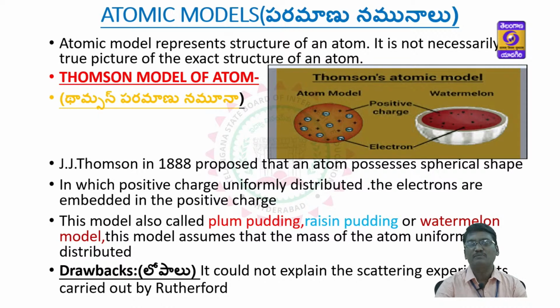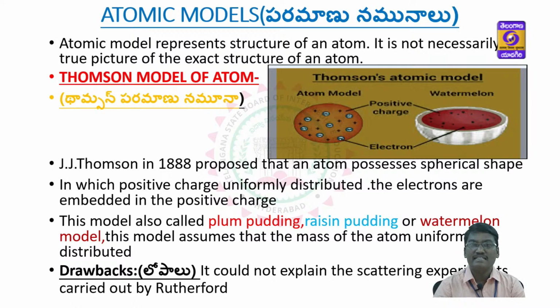Thomson gave this proposal in 1888, assuming a spherical shape for the atom, in which the positive charge is uniformly distributed throughout that spherical atom.